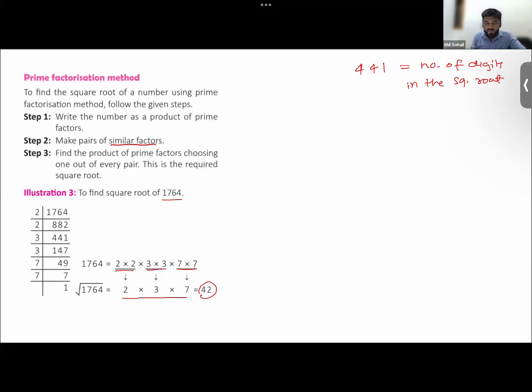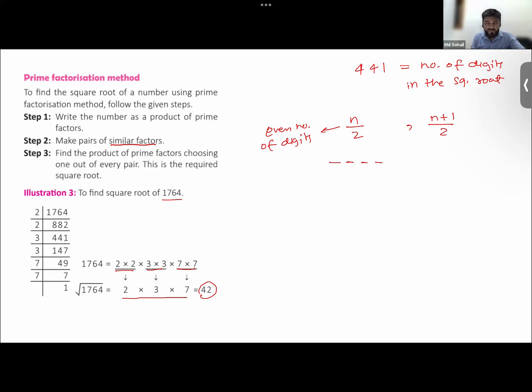So I gave you two formulas. One was n upon 2 and one was n plus 1 upon 2. So n upon 2 was for even number of digits. Suppose you have got a perfect square number in which there are an even number of digits.